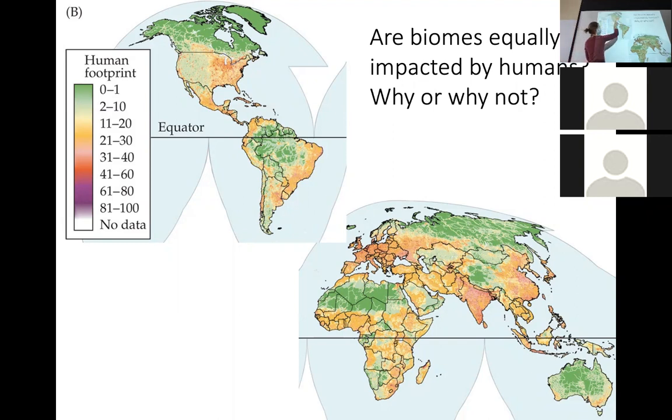So we have a really heavy footprint in the eastern US, not so much in the northern reaches. Out west, it's more just a factor of humans didn't make it quite that far as quickly, so we have less population. Cold areas are not as impacted. The Sahara Desert is really intact because it's very difficult to live there. Europe has high populations of people, is very negatively impacted, and most of that's temperate deciduous forest.